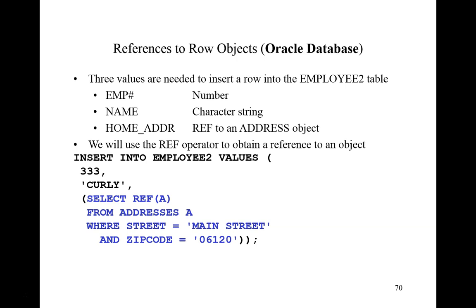Specifically, we are looking for the reference to the address that has a street value of Main Street and a zip code of 06120. So the subquery is used in this insert statement to extract the ref, which is then placed in the home address column.